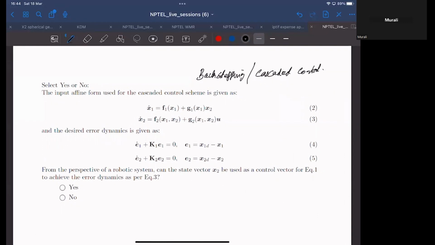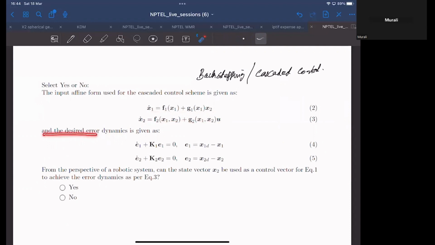Right. So the essence of the question is the input affine form used for the cascaded control scheme is given as x1 dot is f of x1 plus g of x1 times x2, and x2 dot is f2 of x1 x2 plus g2 of x1 x2 times u.